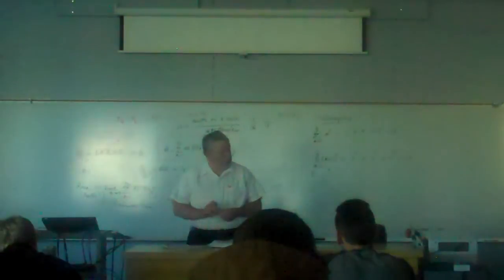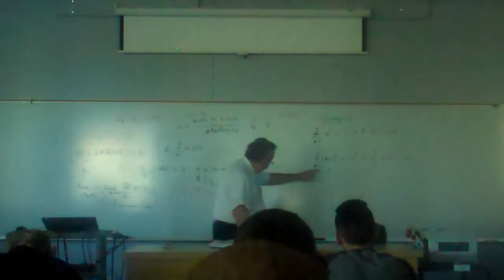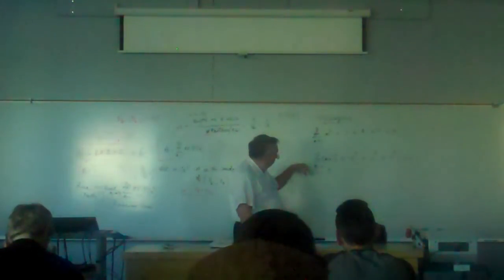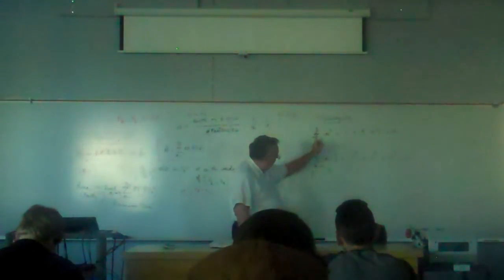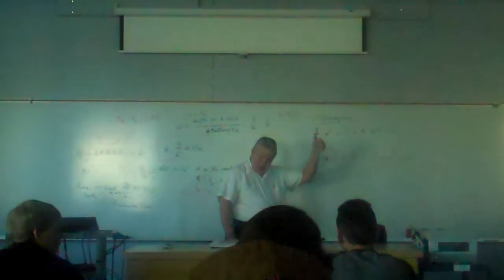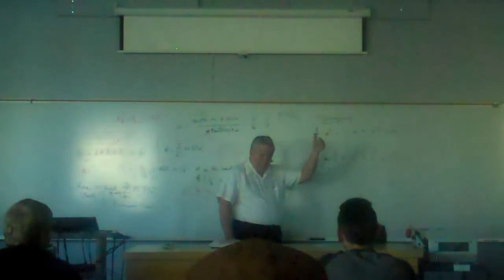Follow? Everybody? All I'm saying is, if I want to start at 0 instead of 1, I went down 1, so inside the parentheses, I have to go up 1. Follow? Everybody?